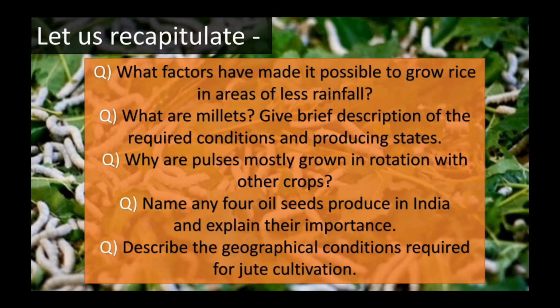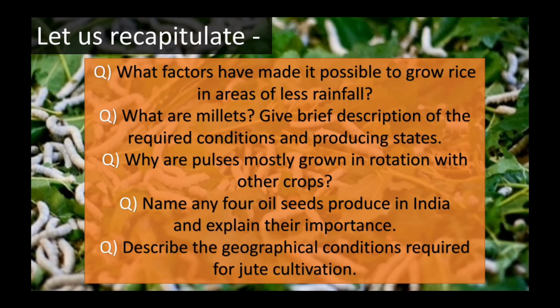Being leguminous crops, they help in restoring soil fertility by fixing nitrogen from the air. Major pulse producing states in India are MP, UP, Rajasthan, Maharashtra and Karnataka. In this way you will answer it.